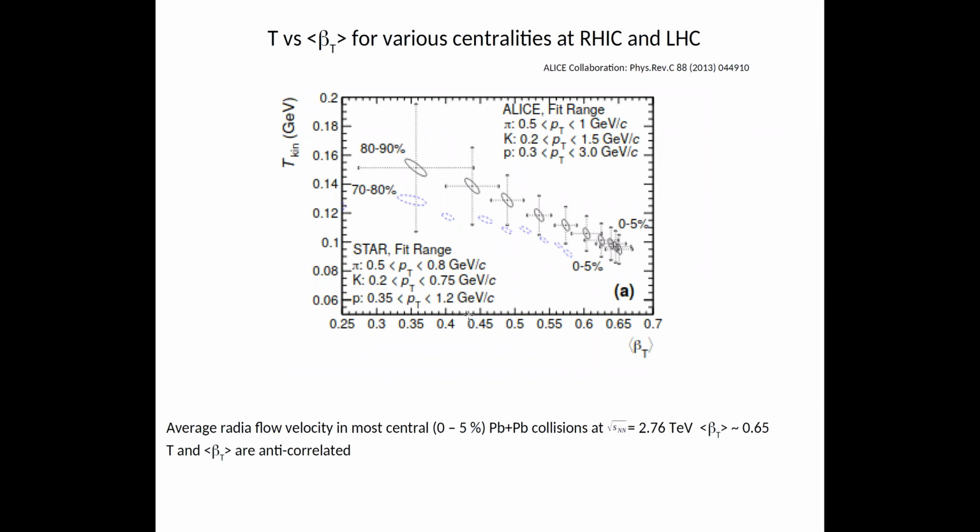But how are T and beta related? This is the T and beta for both ALICE and STAR at different centralities. What we find is that T and beta are anti-correlated.